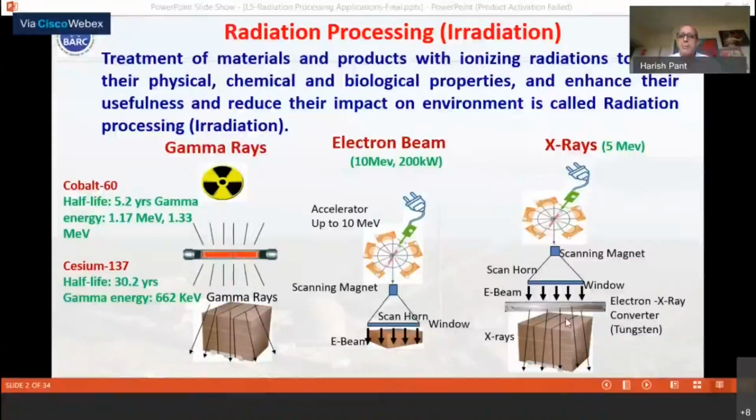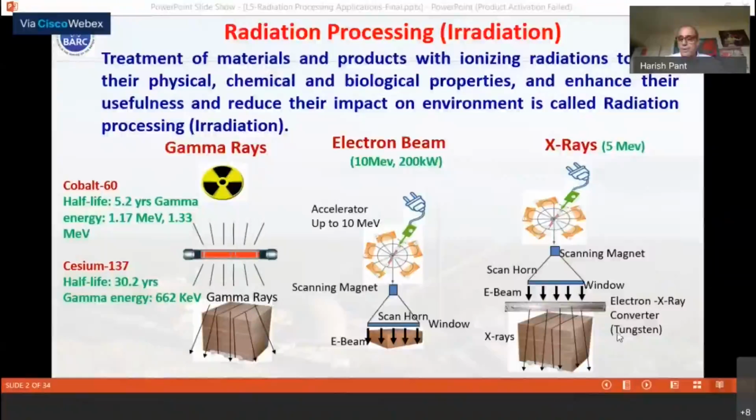X-rays are nothing but Bremsstrahlung radiations, which are also electromagnetic radiations like gamma rays, and they have a larger penetrating power and can be utilized for the processing of materials in industry or in radiation processing application.